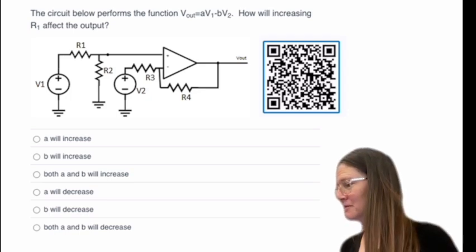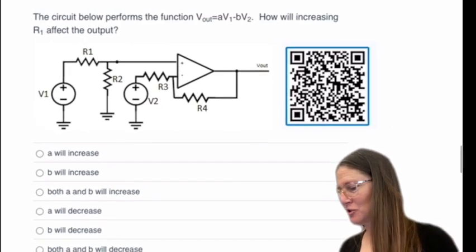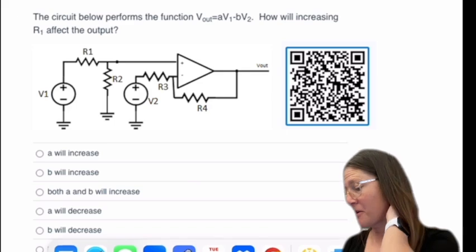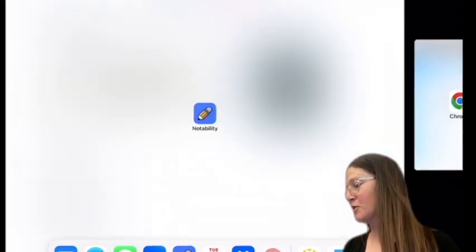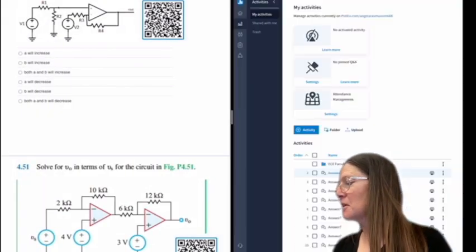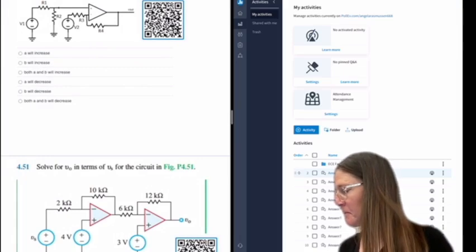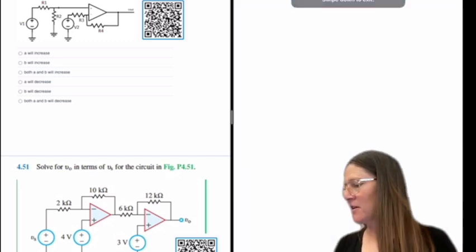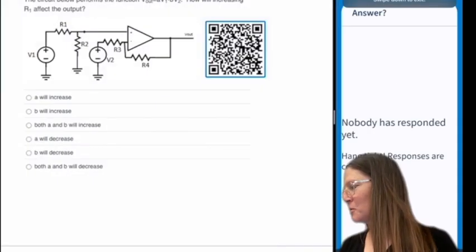So think about that for a minute. Try to get an expression for A and B, and then you can put your answer in the anonymous poll, if you would like.